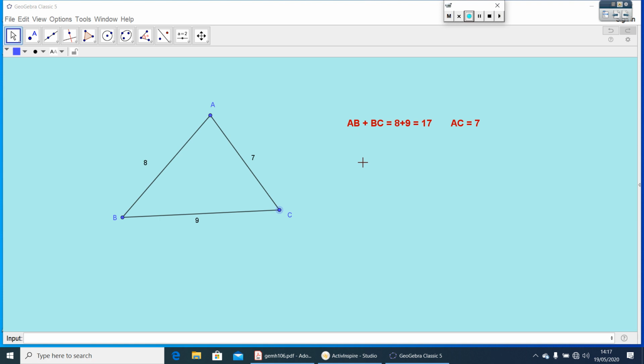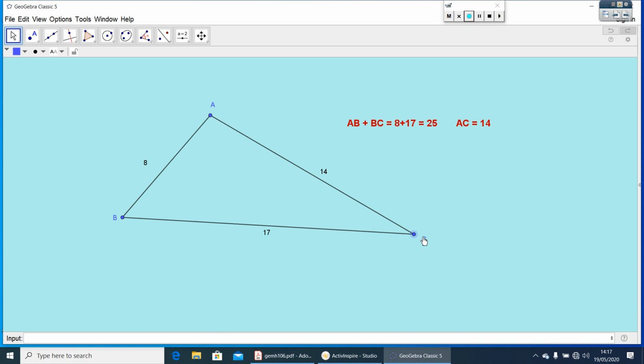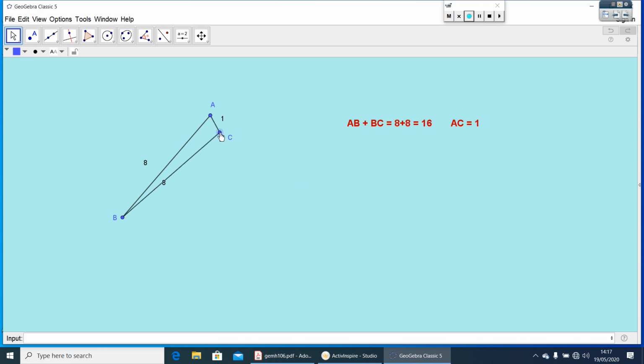Now let me change the size of the triangle. What will happen to AB plus BC and AC? Here AB plus BC is equal to 20, AC is equal to 9. That means AB plus BC is greater than AC. Let me change the size of the triangle.